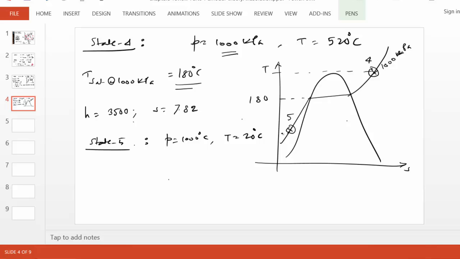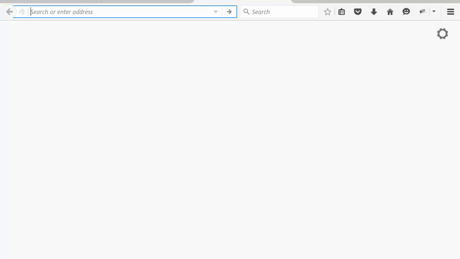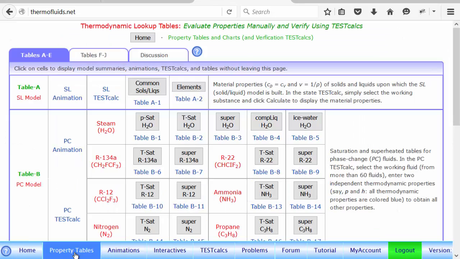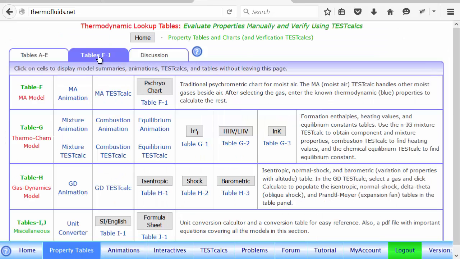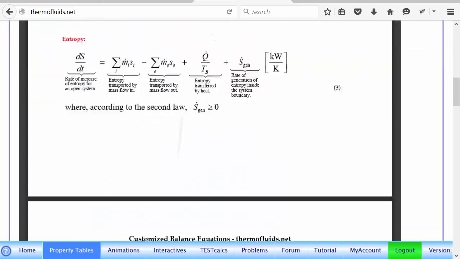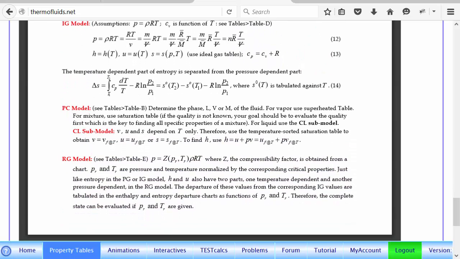And for the liquid, if you go back to our handout on all these models, let me open another tab and go to table J, which is our formula sheets, and you go back to different models and find the PC model, which tells you what we have been doing so far.